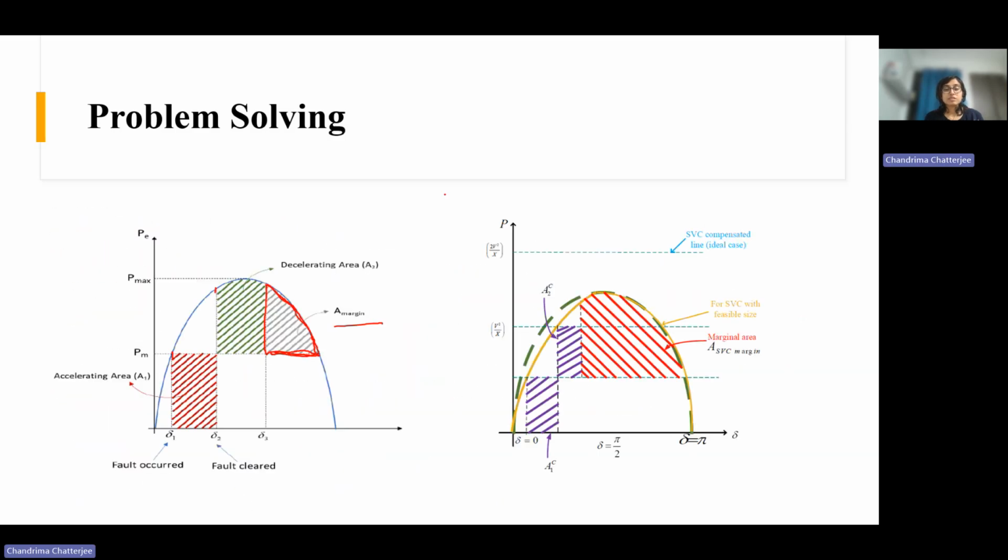We will again refer to this diagram. If you see, this portion is the marginal area. So this is the margin to satisfy this criteria.